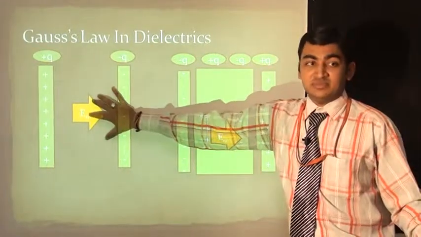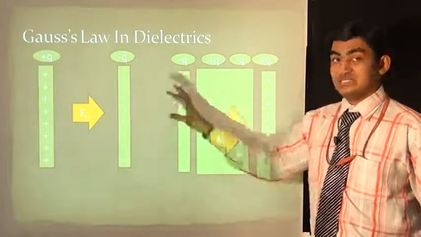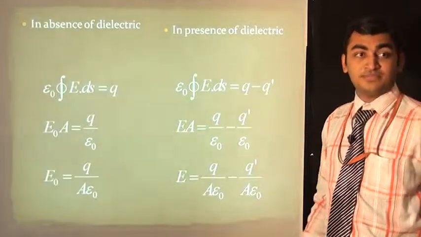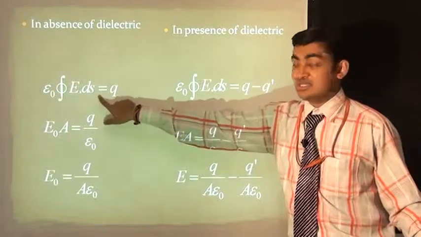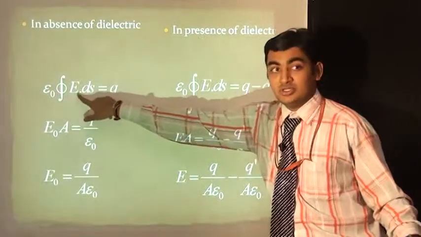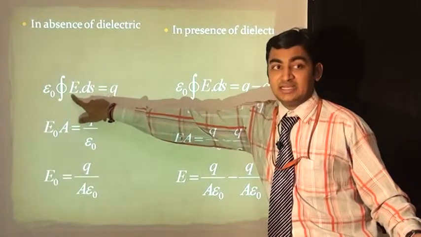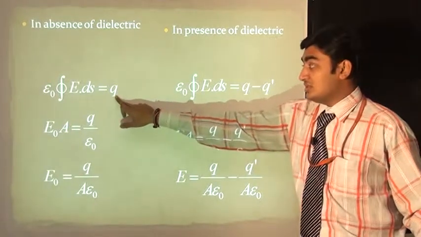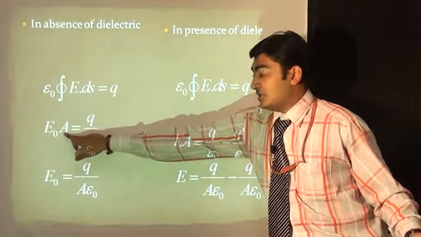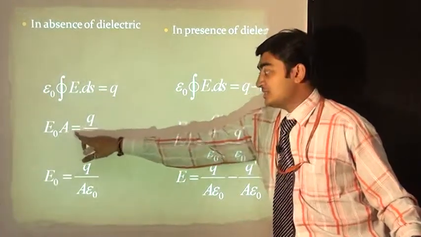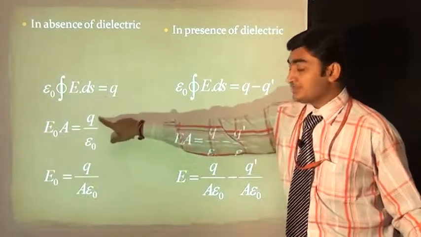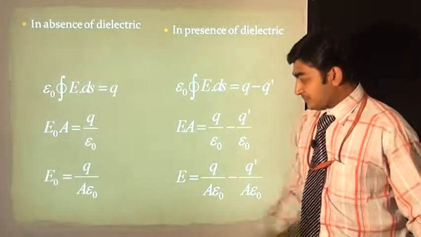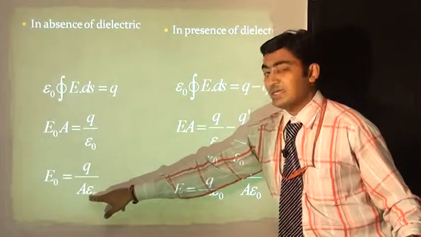In absence of dielectric, there is the equation ε0 closed-loop integration of E·dA over the area is equal to the charge q, which is generated in absence of dielectric medium. So the integral of E·dA is equal to q divided by ε0. Therefore, we get the equation E = q/(Aε0).